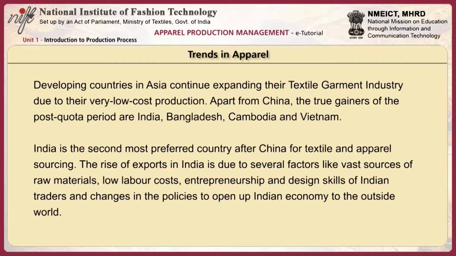The rise of exports in India is due to several factors like vast sources of raw materials, low labor costs, entrepreneurship, and design skills of Indian traders. Changes in the policies to open up Indian economy to the outside world, etc.